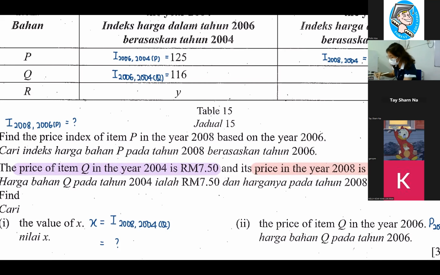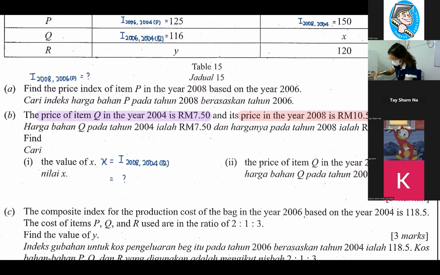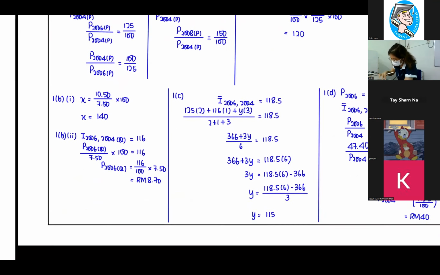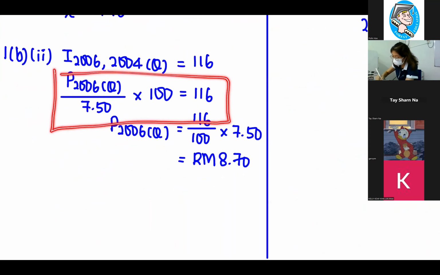So what they want to find is the price in 2006, and I have the price in 2004. I have one information, two information. The information that I want to find is the third one. Can I do it? Yes, I just do substitution. I always write in the original equation.